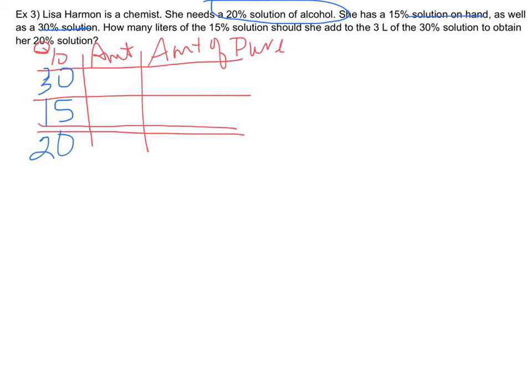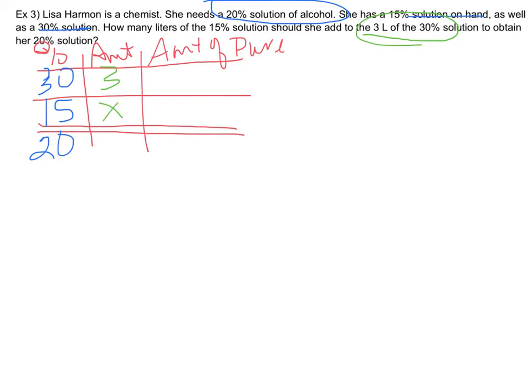We also know that she has 3 liters of a 30% solution. It says how many liters of the 15 should she add to the 3 that's in the 30? So the amount that we have right now is 3 for the 30% solution, and we don't know how many for the 15.